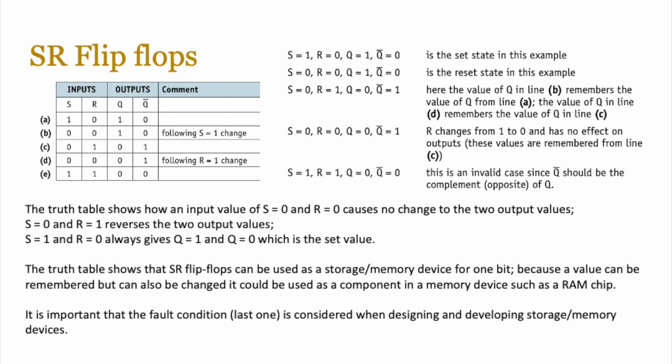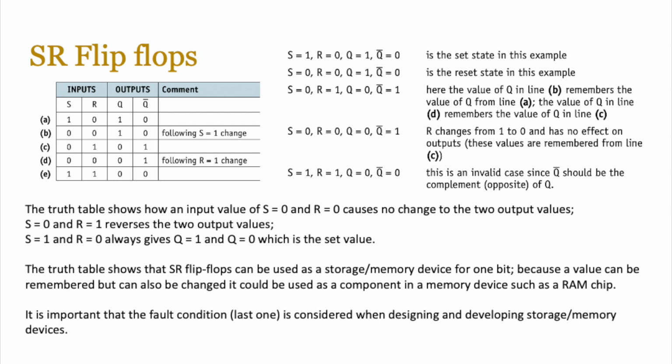In C, we change reset to 1, so the R goes to 1, and that has an impact on the output. Not Q becomes 1 and Q becomes 0. Now the truth table shows how an input value of S equals 0 and R equals 0 poses no change to the two output values.